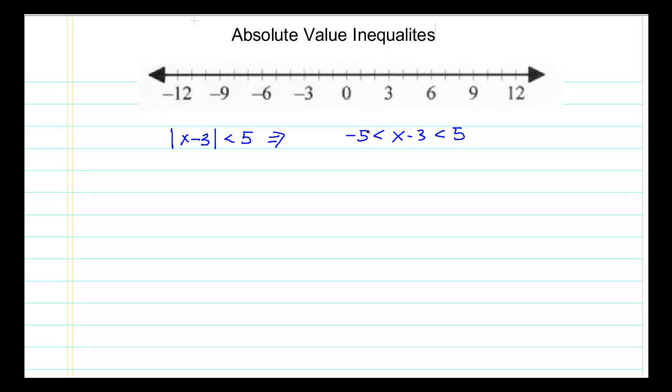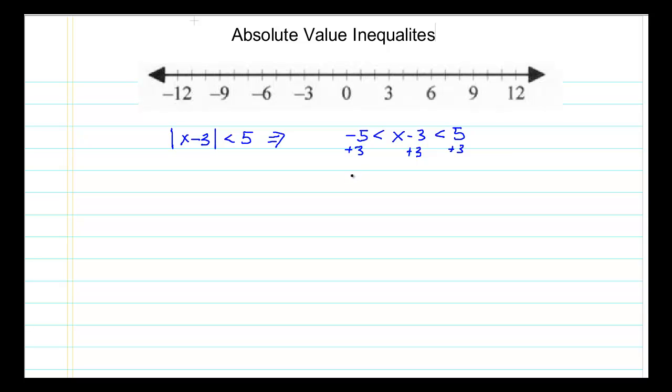And we learned in our unit on compound inequalities how to solve this. We want to isolate the x by itself in the middle. So to get the x by itself, we would add 3. And on an and inequality, whatever we do to the middle, we have to do to both ends of the inequality.